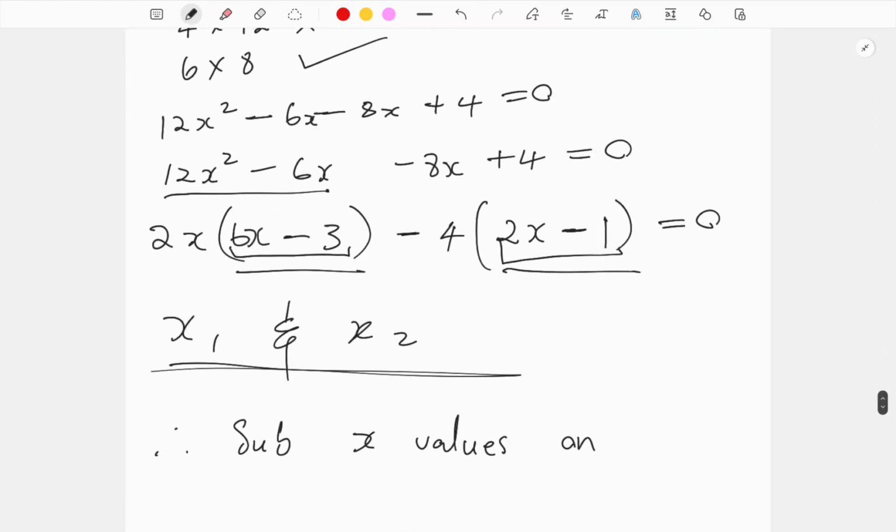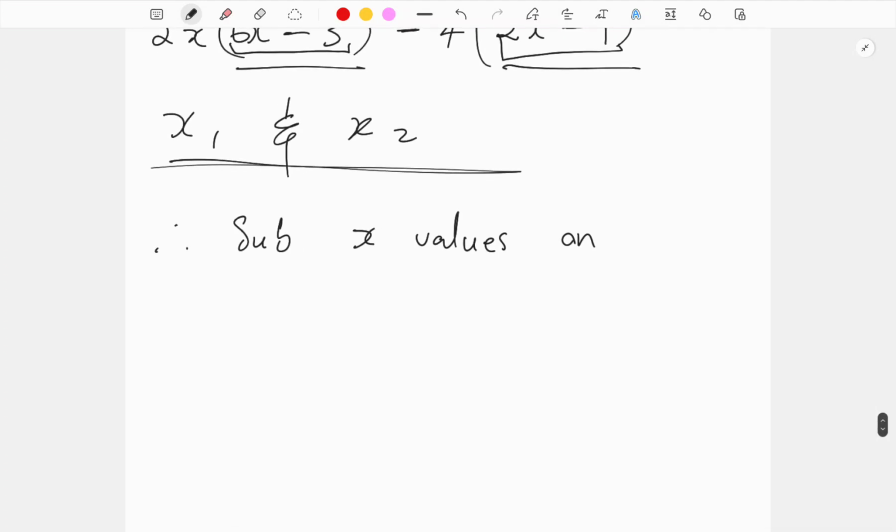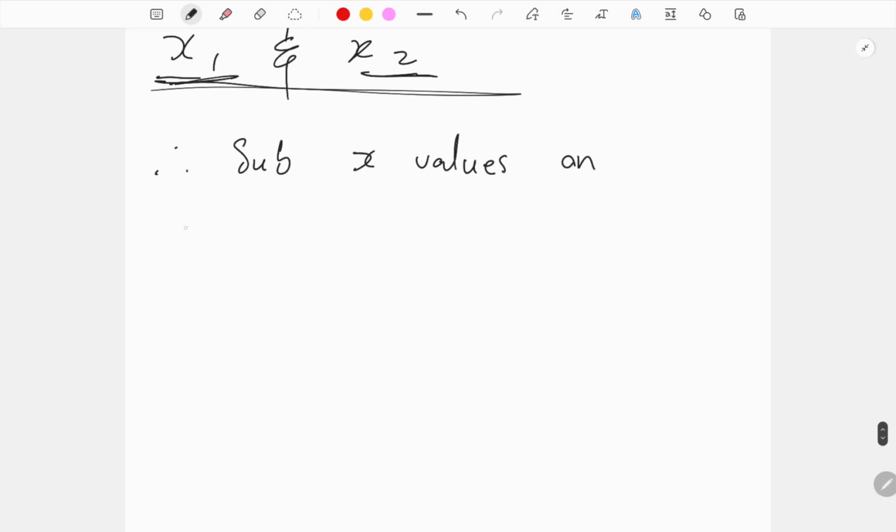Because remember, you are solving for x and you are also solving for y. So if we have the specific x's, you also need to know the corresponding y value. So y equals minus 2x plus 2. Whenever you see x, you substitute.